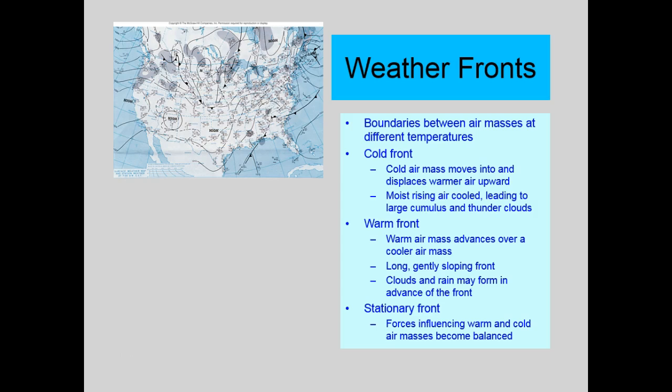The warm front, we're going to see some of this talked about in a later slide. A stationary front is when the forces influencing the warm and the cold air masses become balanced and nothing happens. Now, unfortunately, that kind of happened in North and South Carolina, okay?